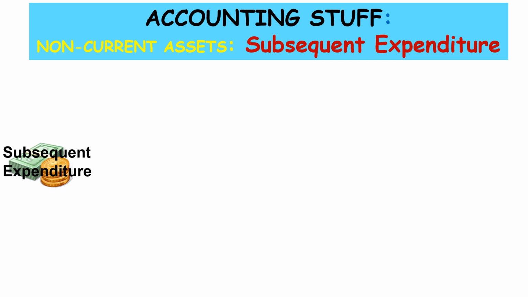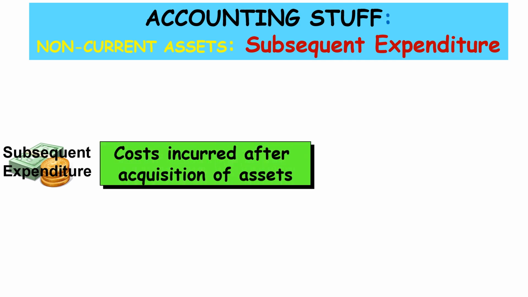What is subsequent expenditure? Now, subsequent expenditure means cost incurred after the acquisition of assets. When an asset is purchased, there might be more money spent on that asset later on in the asset life. Now we call that subsequent expenditure.